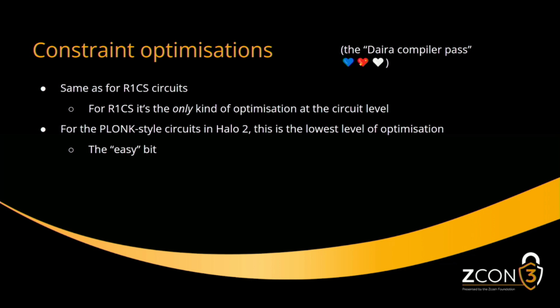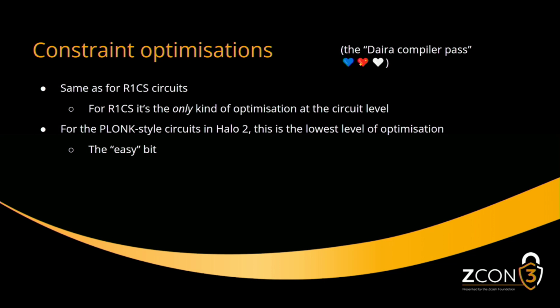All of those kinds of things are the only thing you can really do in an R1CS circuit. But for a PLONK-style circuit, it's just the lowest level of optimization, and at this point in time, the easy bit. I mean, it still takes a lot to do, but it's something we're familiar with.